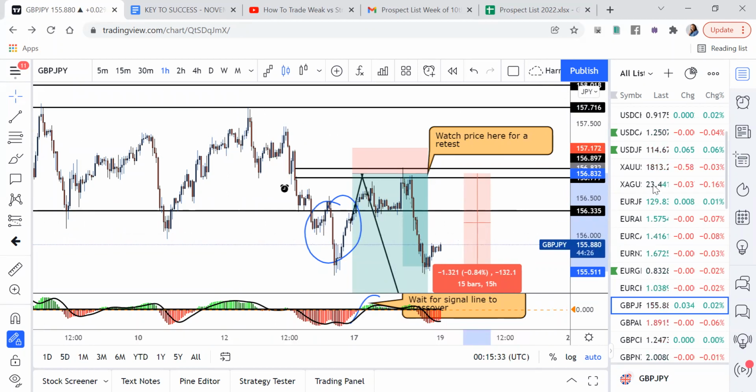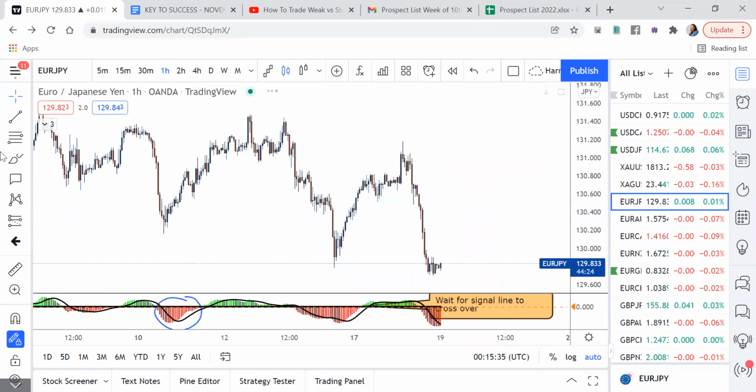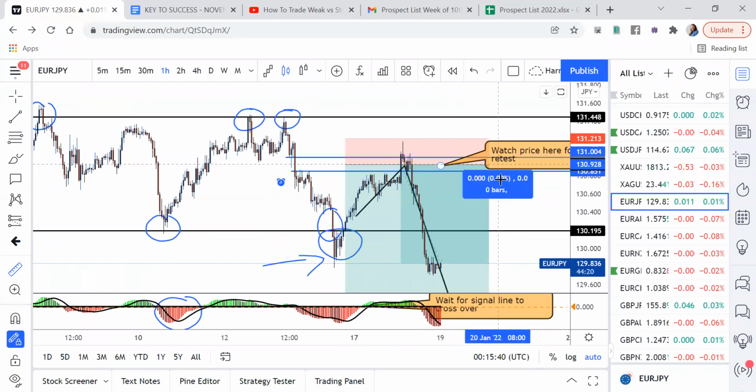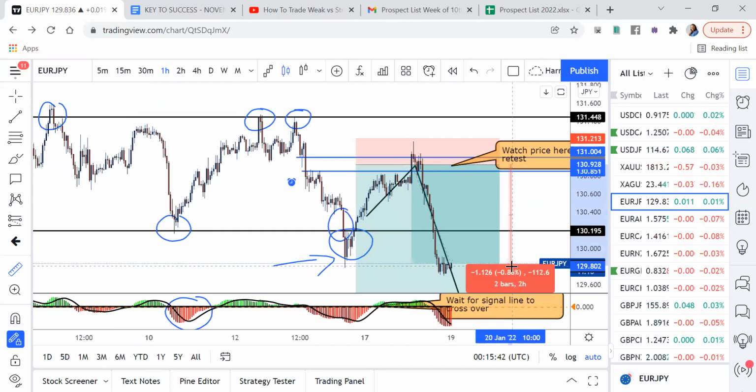And with your Euro JPY, that move, this was a pretty solid move. This move alone, right, is 112 pips. So far today, you guys should have at least banked about 250 pips from GJ and EJ. At least.